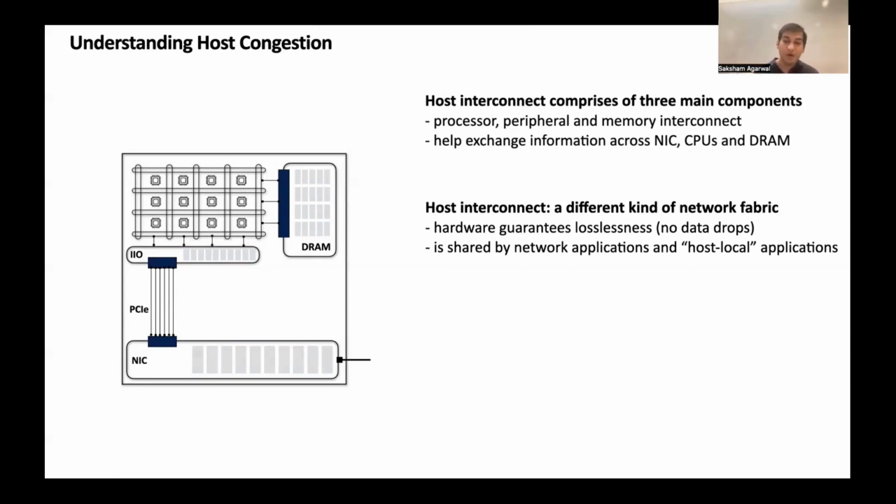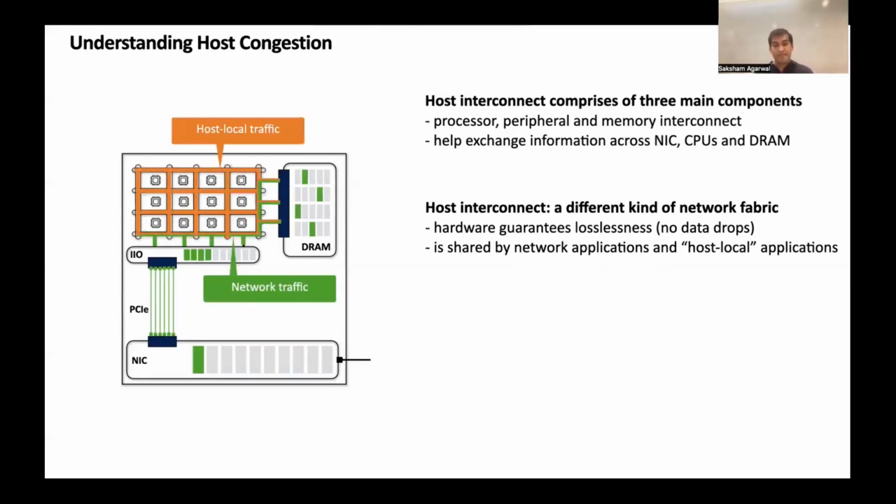Second, the host interconnect is shared by both the network application and the host local application. Importantly, the network applications use congestion control, but the host local applications do not. Now I can describe what I mean by host congestion. Like most real-world network fabrics, even the host interconnect is oversubscribed.